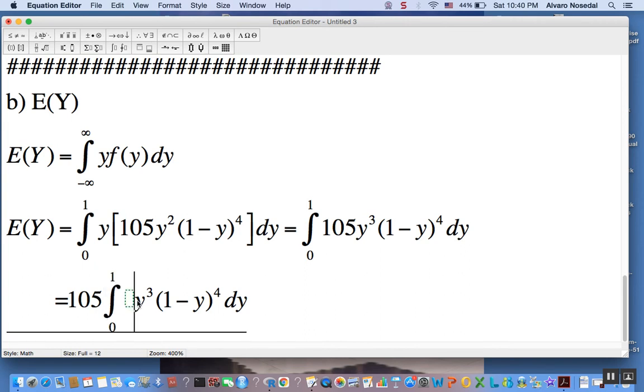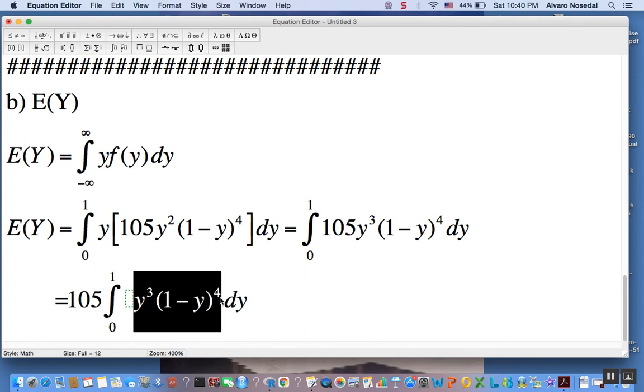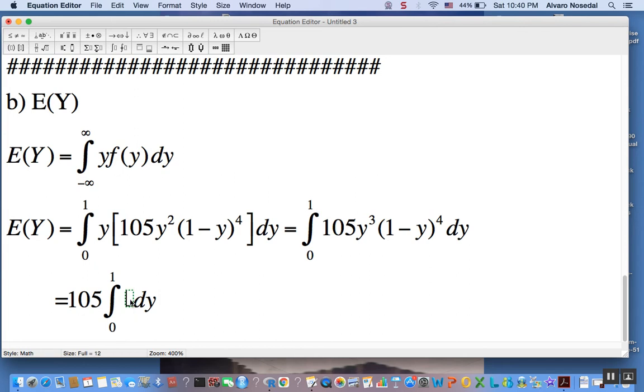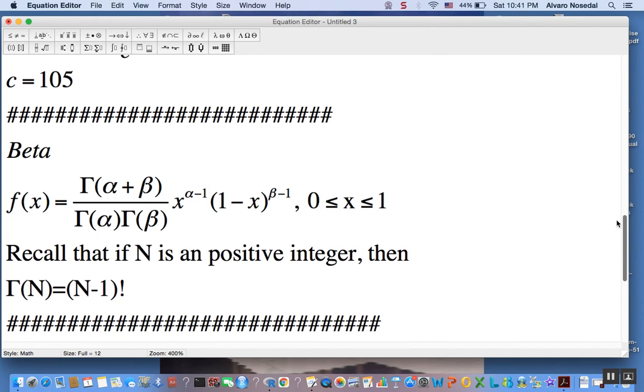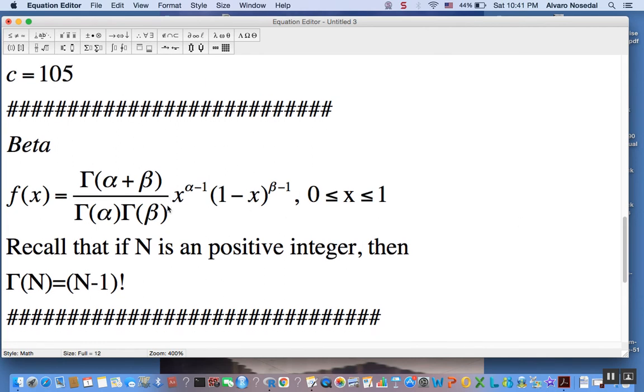Let's repeat the trick. I just factored out that 105, but now when we see this guy we go, that looks like the kernel of a beta, meaning the expression of the PDF of a random variable with a beta distribution up to a constant.